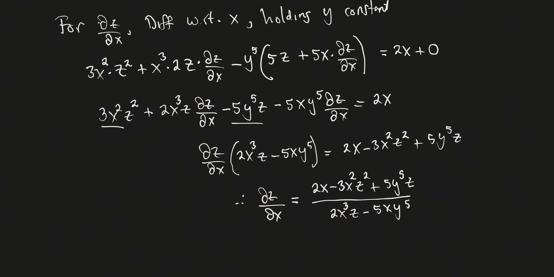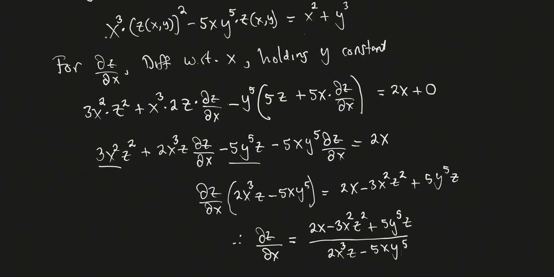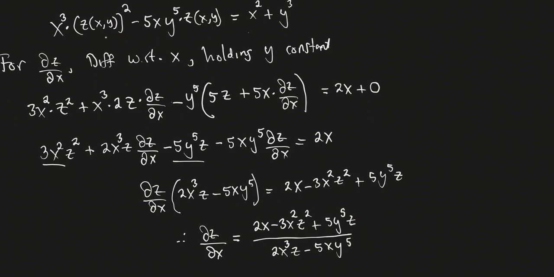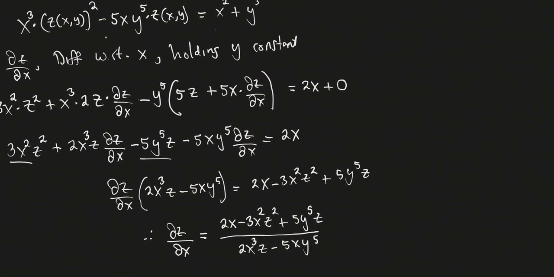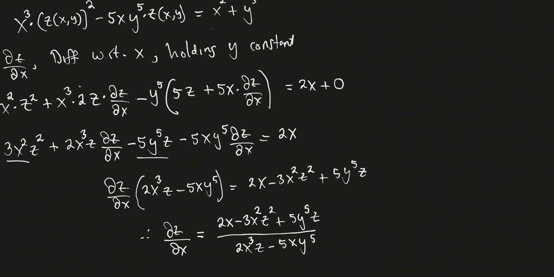If we wanted to do, in fact, let me do this. I think I'm going to scroll this way. If I wanted to find the partial derivative of z with respect to y, it will be a similar process. Right?